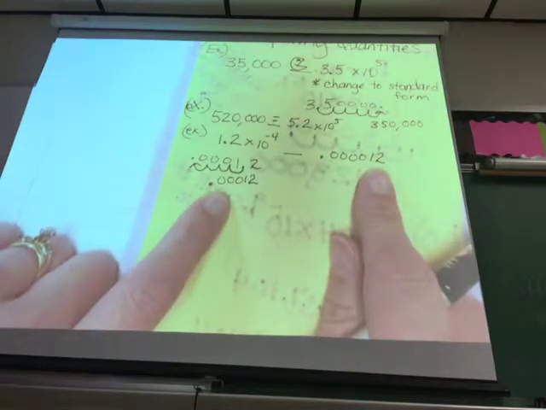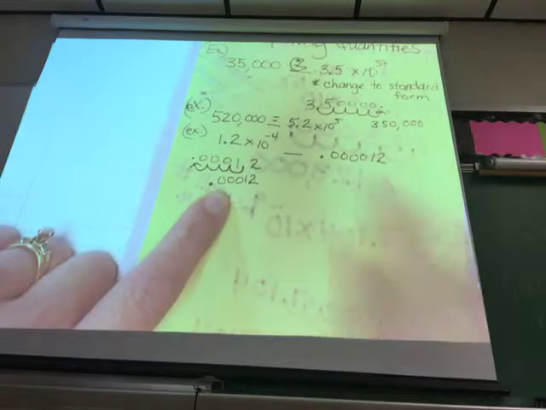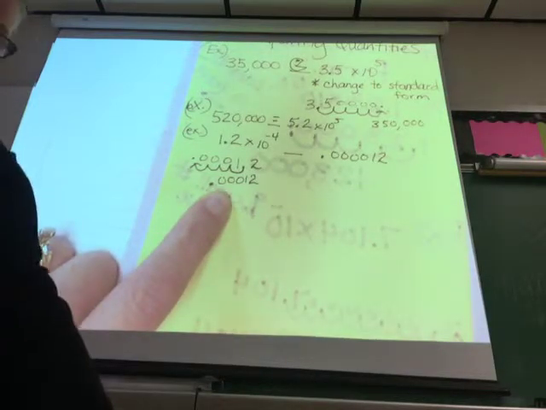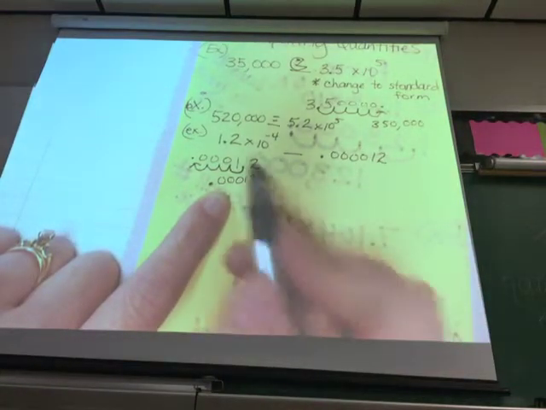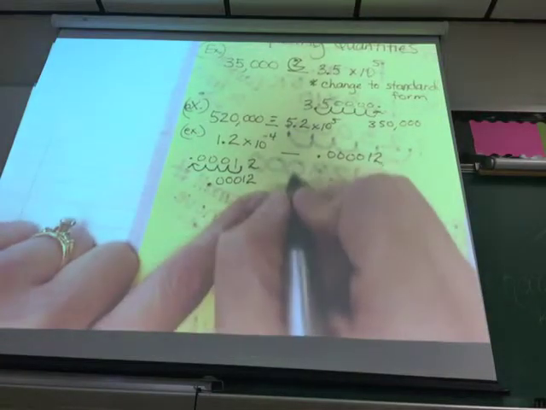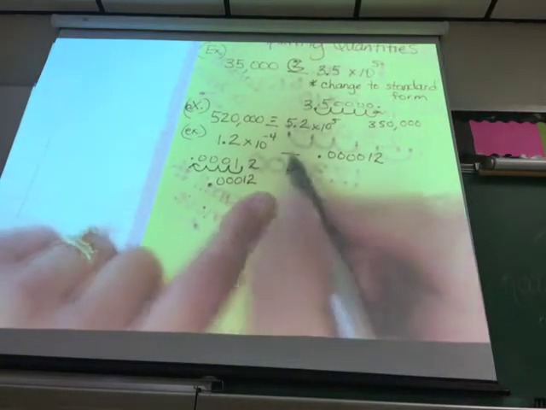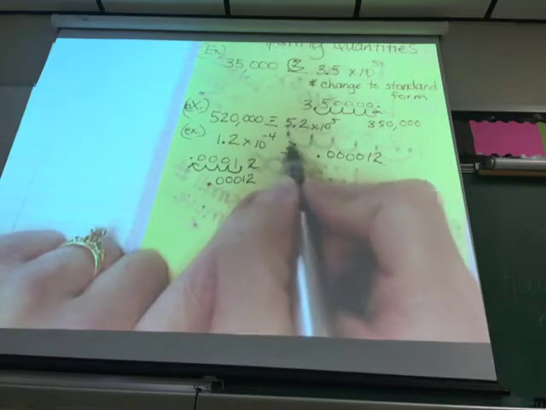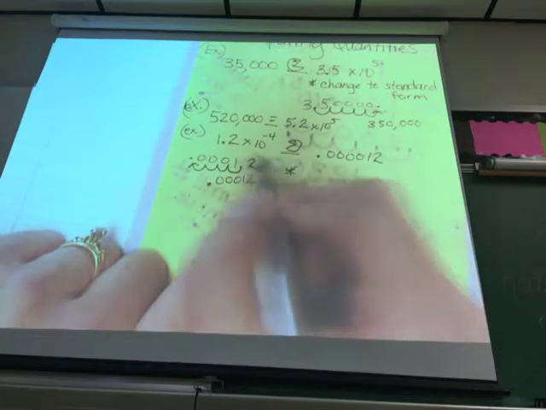So, which one is the smaller? Anybody know which one's smaller, the first one or the second one? First one smaller? No, I meant the second one. Why is the second one smaller? It's got more zeros. Because it has more zeros. So let's put us a little note here. The Pac-Man always wants to eat the larger one. So there we go. He's going to eat this one because it's bigger.